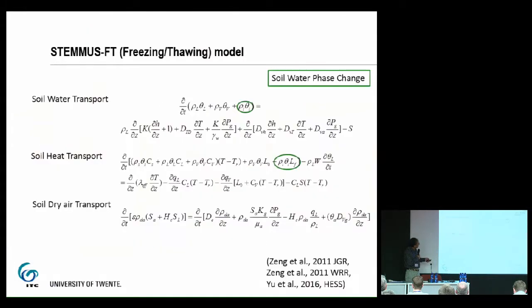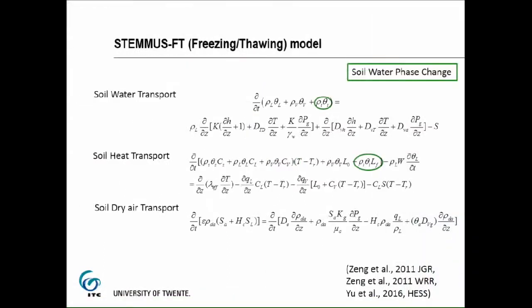As for the model behind this, I thought that today we haven't seen a lot of equations, so I just put up one slide to show the equations. What we have is soil water transport, soil heat transport, plus soil dry air transport.